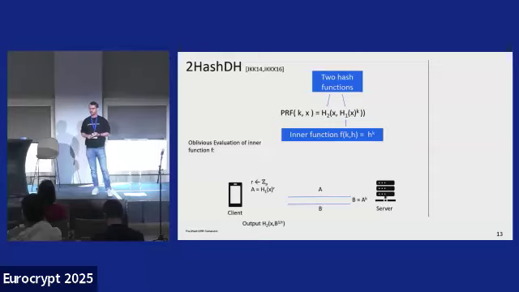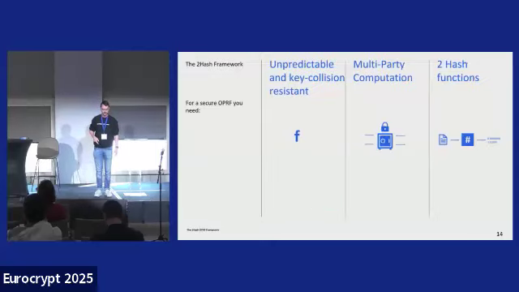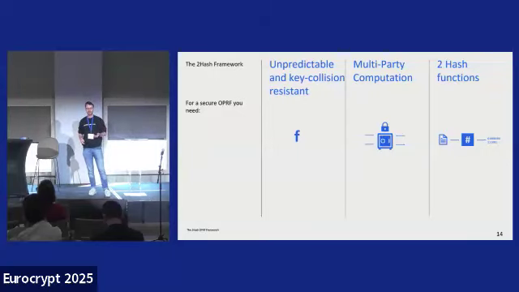And the other thing that you need is a protocol for joint evaluation of this inner function. So this blind and unblind method that I just showed you before is, in some sense, an MPC protocol to compute this inner function, if you abstract it away a little bit. So that's what we distilled, basically. We have a theorem that shows you if you want to get UC-secure OPRFs, here's the things that you need.